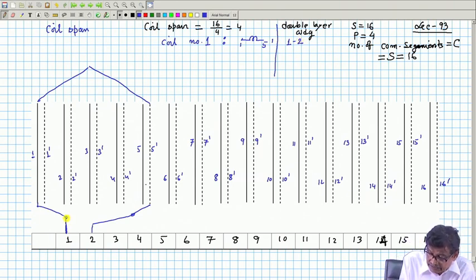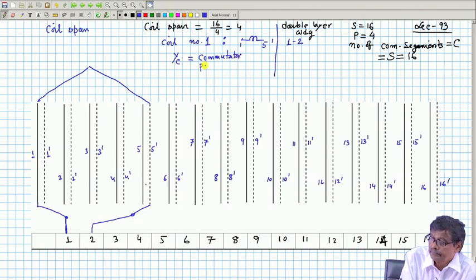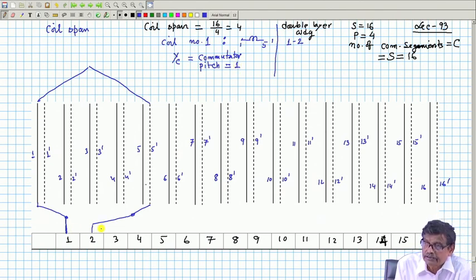Now, these two ends, where they are terminated, the difference in the number of this commutator segment is called commutator pitch, Y c, which is equal to, we say, 1 next commutator segment.